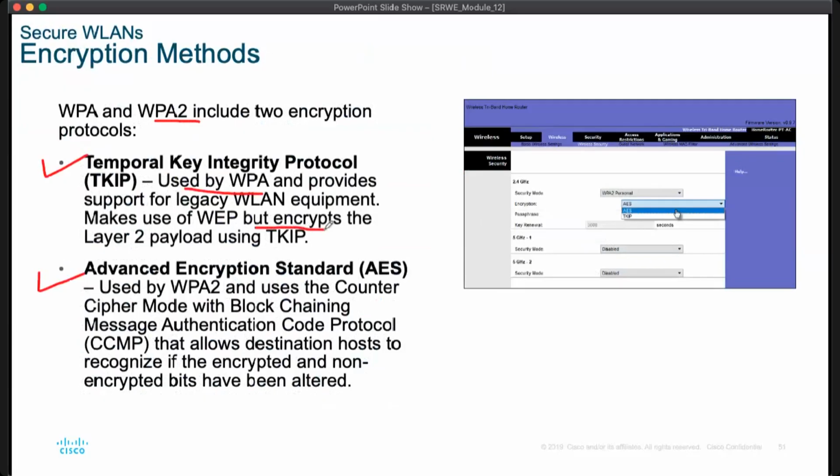And AES is the second protocol, used by WPA2, and uses the Counter Cipher Mode with Block Chaining Message Authentication Code Protocol, or CCMP, which allows the destination host to recognize if the encrypted and non-encrypted bits have been altered.